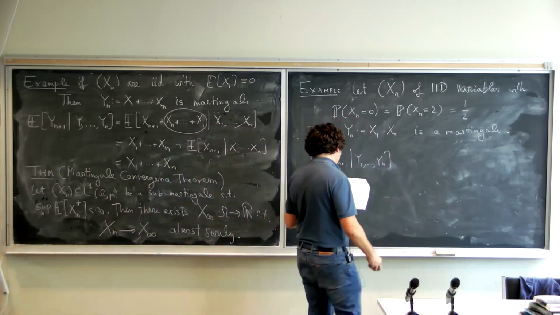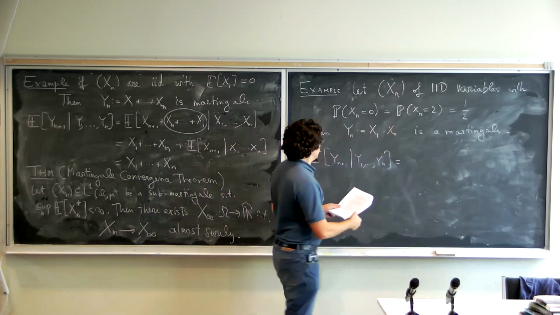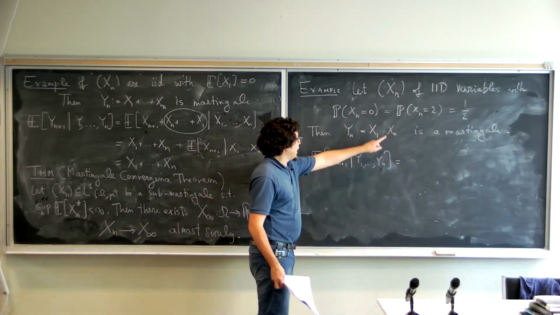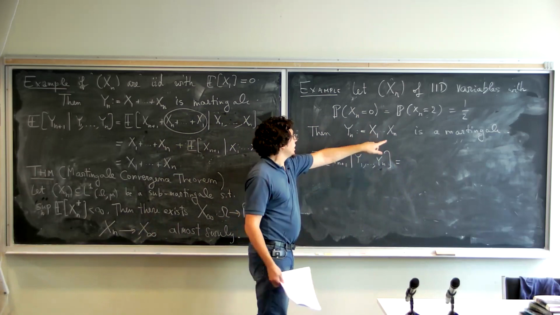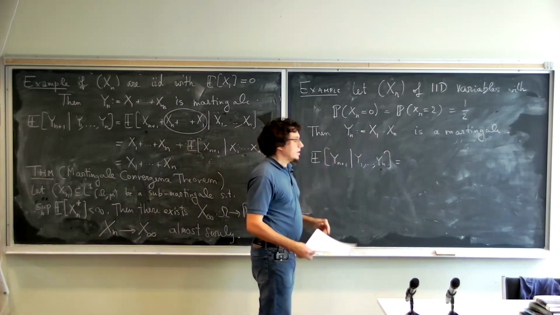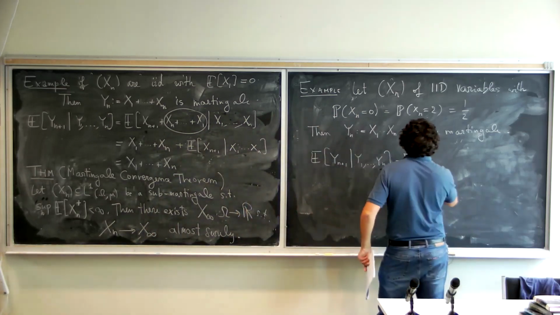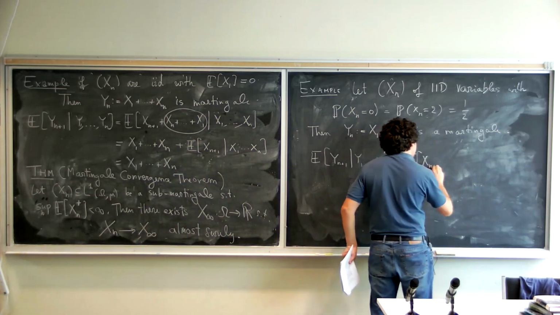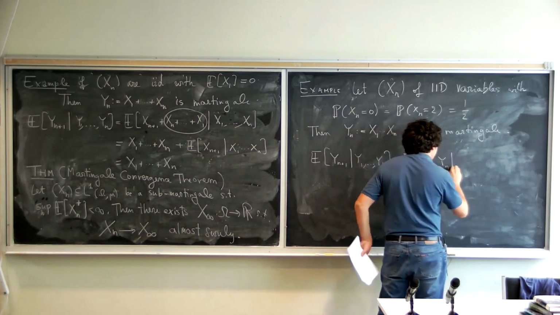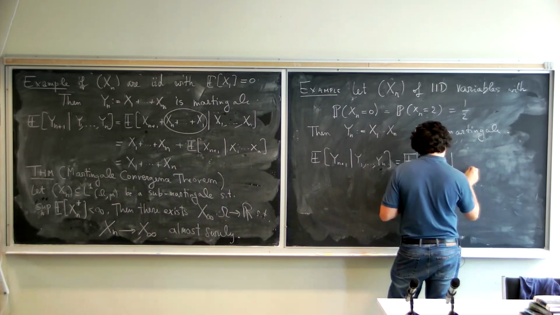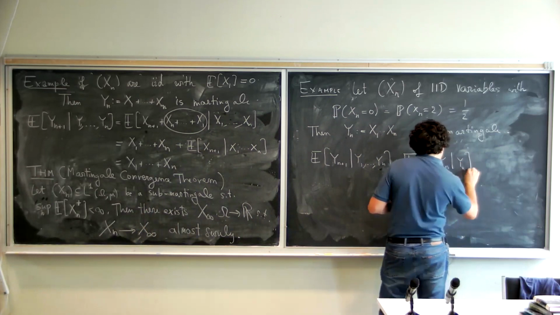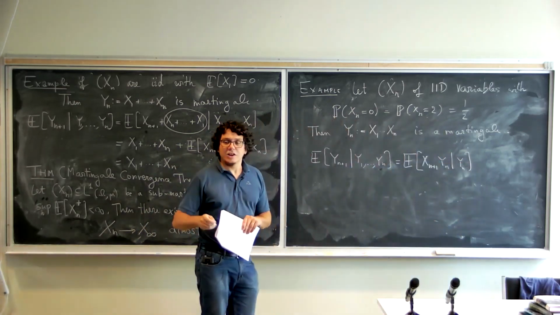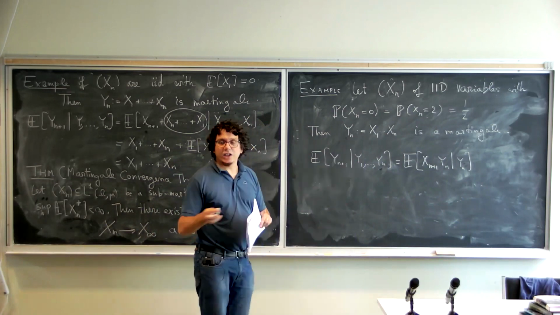So what happens, right? You know everything, and yn plus 1 is the multiplication of yn times xn plus 1. So this is the expectation of xn plus 1 times yn given, for instance, given yn. But now yn and xn plus 1 are independent.